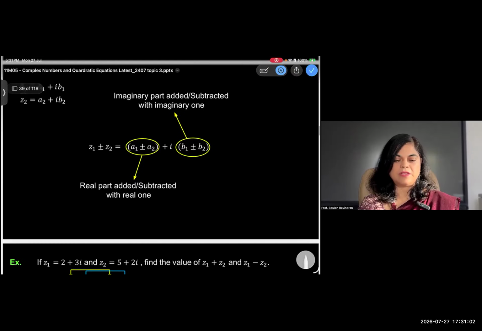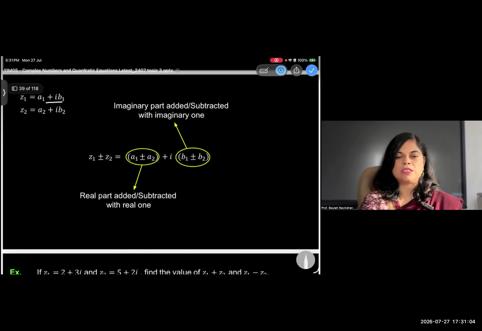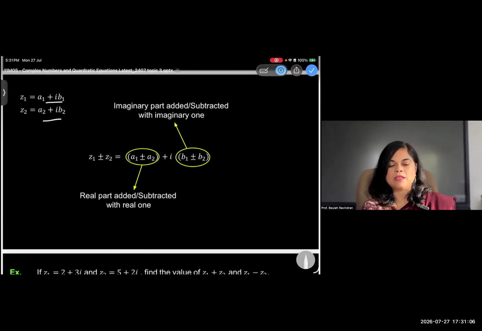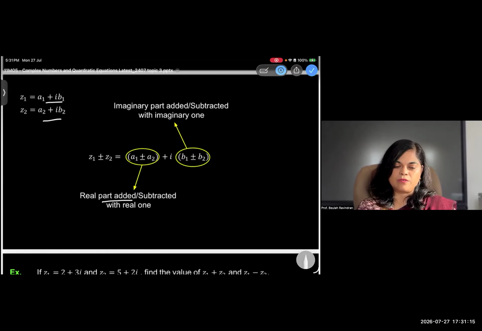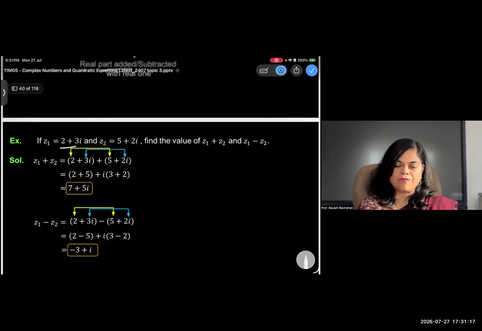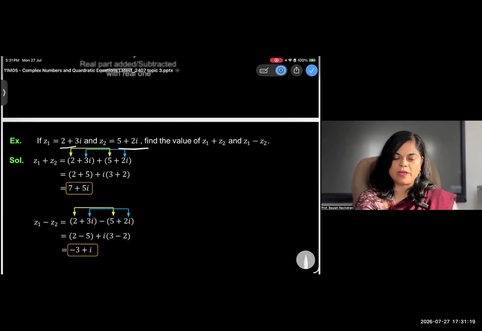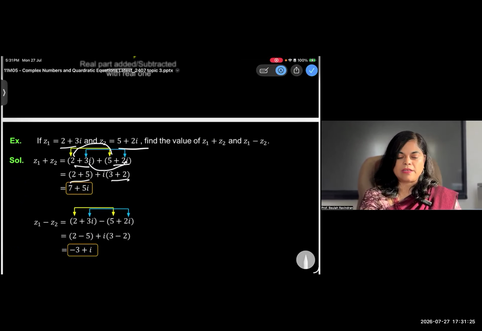If two numbers Z1 and Z2 are given, how can you add them? Real part is added with real part, and subtracted from real part, like that. See, 2 plus 3i and 5 plus 2i: how can you add? Add the real part first, and then add the imaginary part, and write it like this.